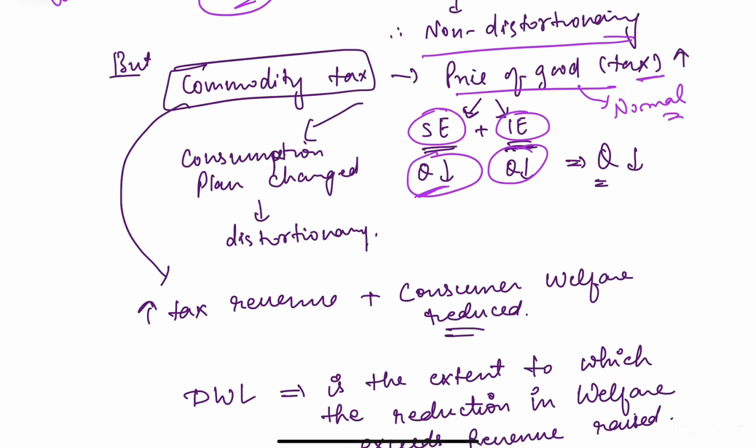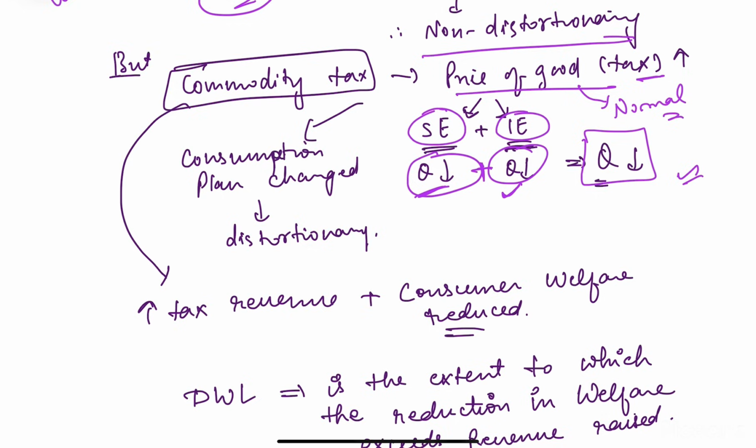And for the income effect, income has also reduced, the real income, so we are left with low income, so consume less of it. Both these effects are working in the same direction, so we can say the final consumption demand has fallen. This is how the commodity tax affects the consumption.